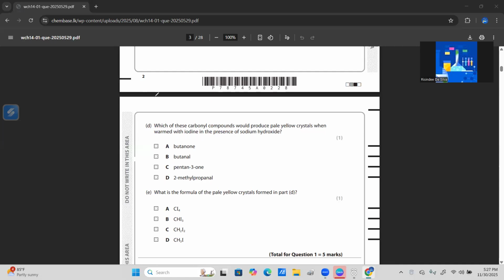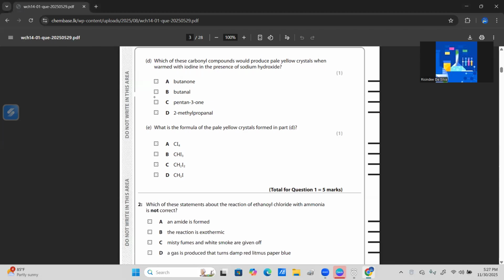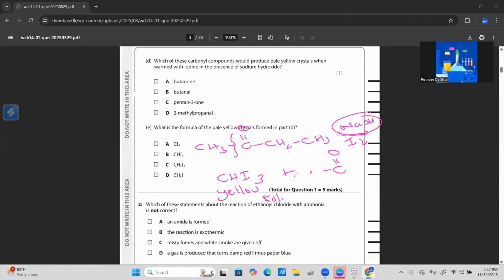What is the formula of the pale yellow crystals formed in part D? So children, if I explain this reaction, we have butanone, CH3COCH2CH3. When you add sodium hydroxide and iodine, this bond will break. The methyl one will be converted to triiodomethane, CHI3. It is a yellow solid. And the other part, as it's a basic medium, you get a salt of the carboxylic acid.